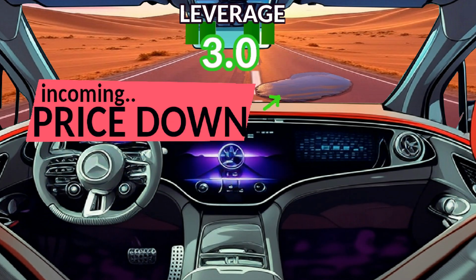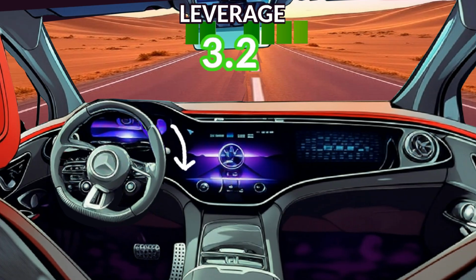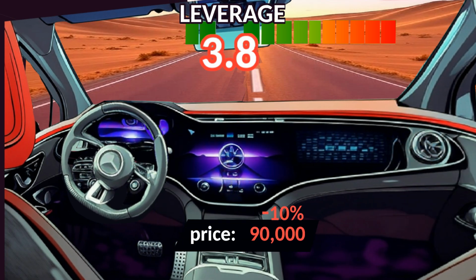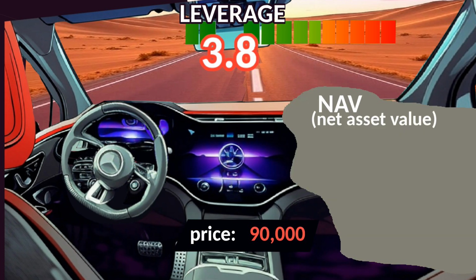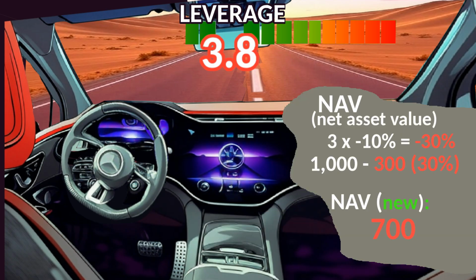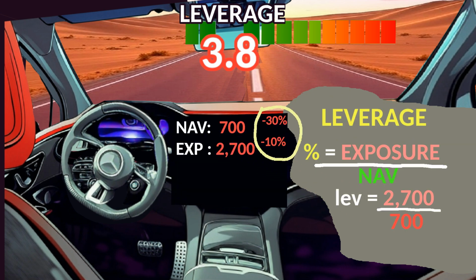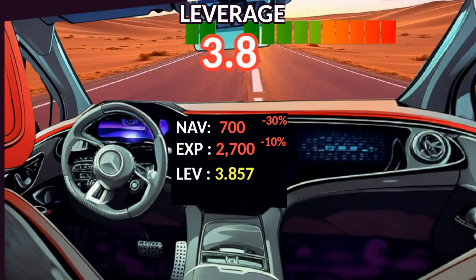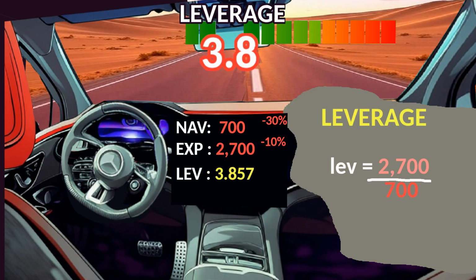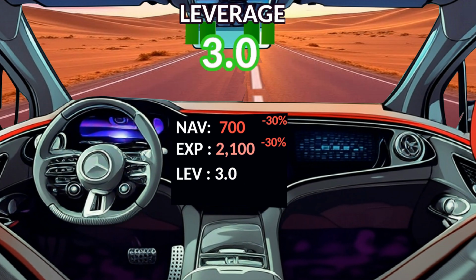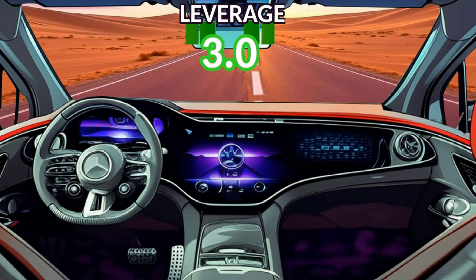When the price drops, our leverage drifts to the right, or gains value, because the NAV, the denominator, dropped way more than the exposure. Hence, the leverage gains in value. To fix this, we need to cut some exposure to balance out the leverage. This is how rebalancing works on leverage tokens.